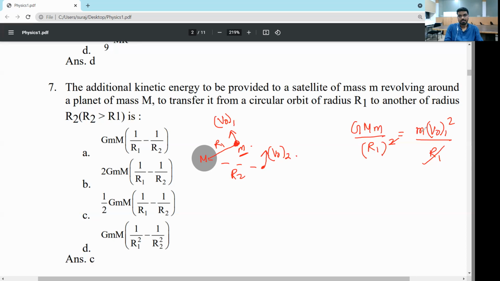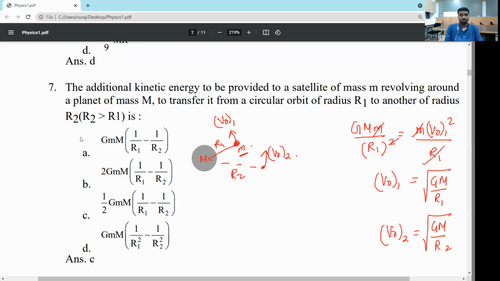This m gets cancelled. So v01 will be equal to root over GM by r1. This is the first orbital velocity. Similarly, the second orbital velocity is v02 equal to root over GM by r2.